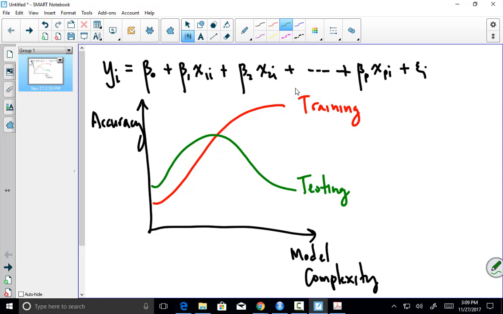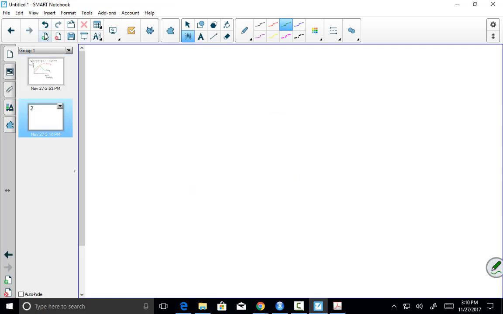One really simple way to allow for nonlinear relationships in a regression model is to include polynomial terms. So let's consider the case where there's just one numeric response and one numeric predictor.